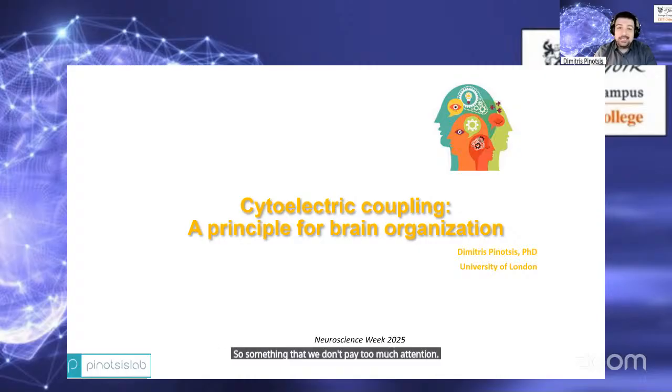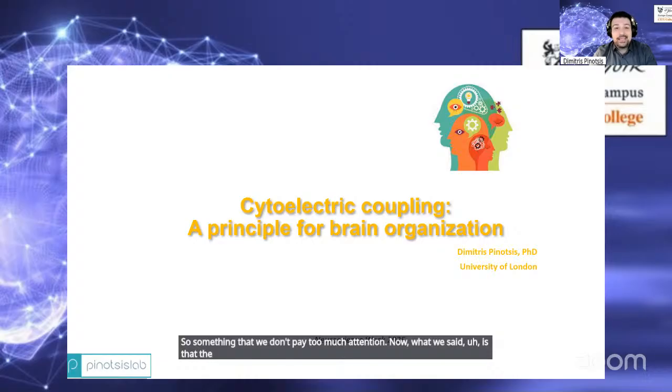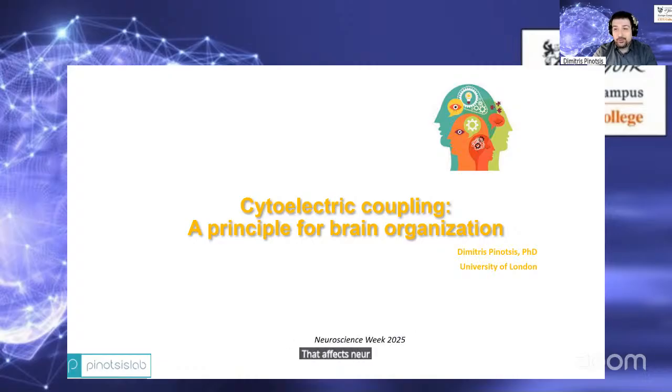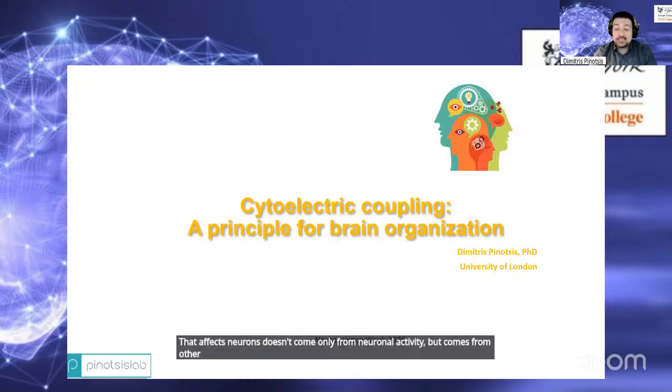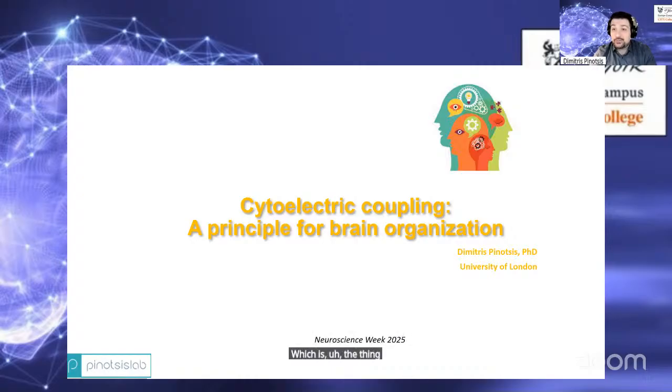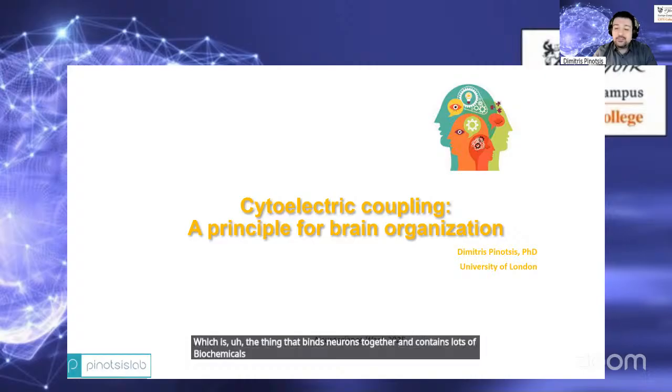Now, what we said is that the field that affects neurons doesn't come only from neuronal activity, but comes from other influences, like the cytoskeleton, which is the thing that binds neurons together and contains lots of biochemicals. And this is not just an epiphenomenon, something minor. This is the controlling mechanism for forming memories and even thoughts.